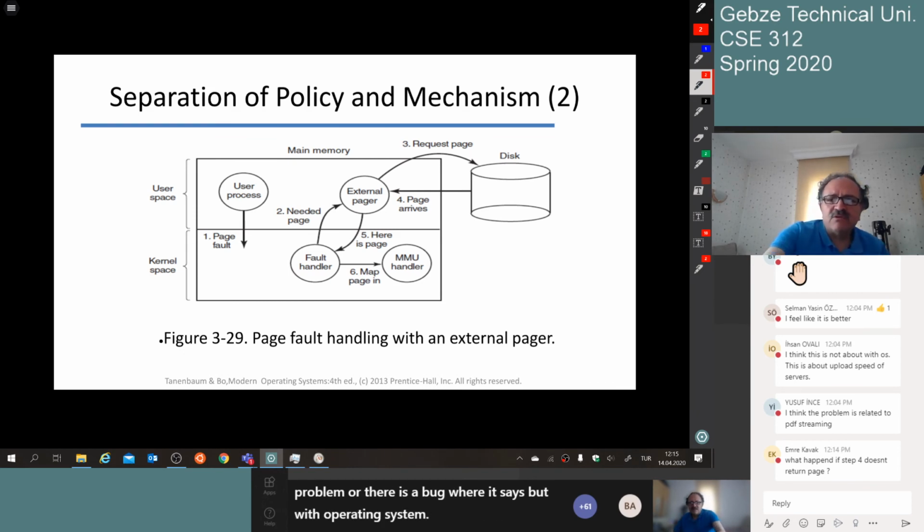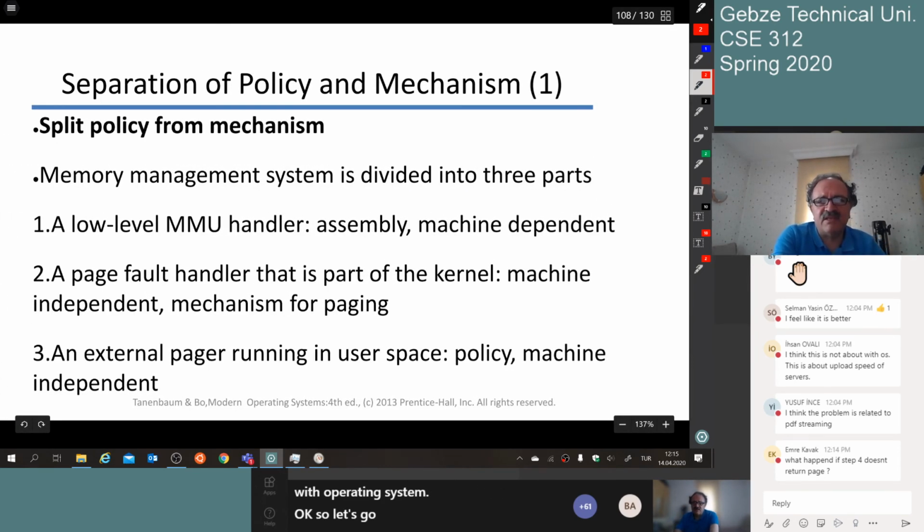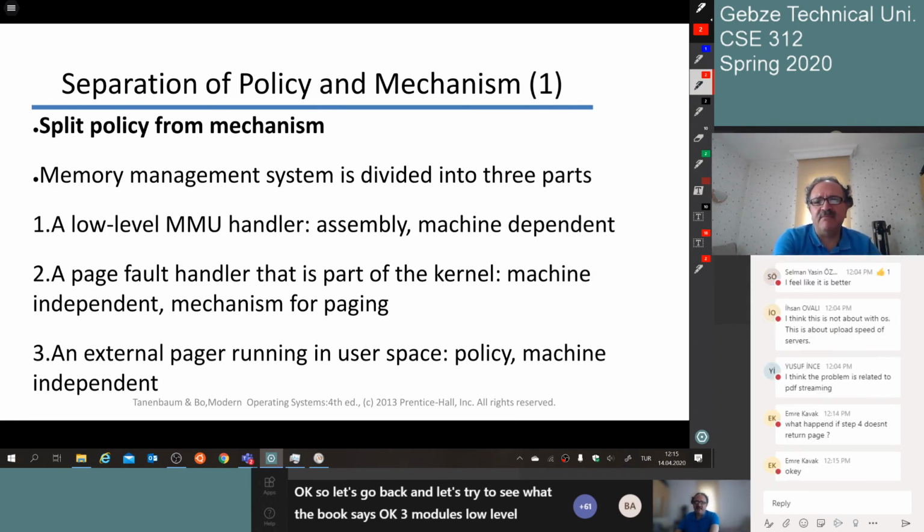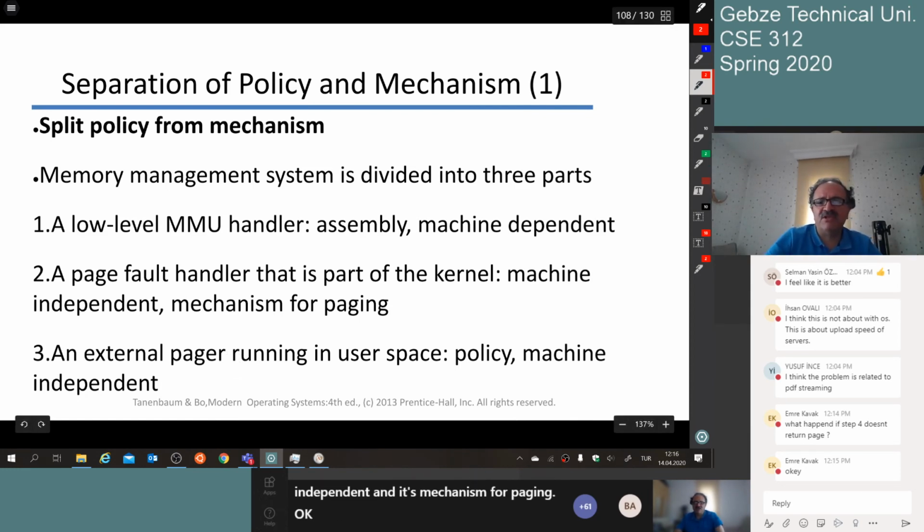Okay, so let's go back and see what the book says. Three modules: the low-level MMU handler, which is machine dependent; the second one is the page fault handler, which is part of the kernel, machine independent, and a mechanism for paging. The external pager is the policy, and it is machine independent.